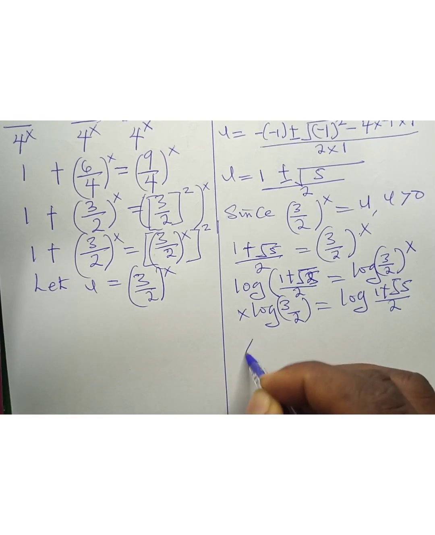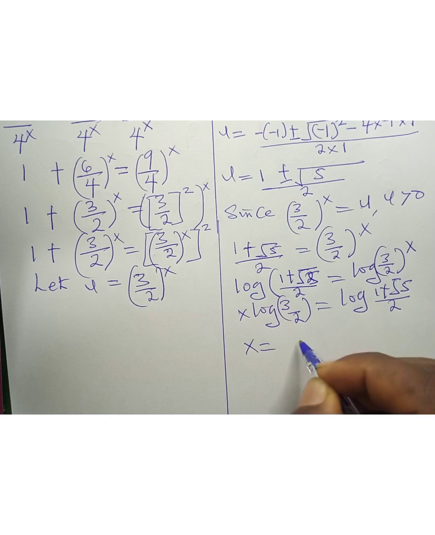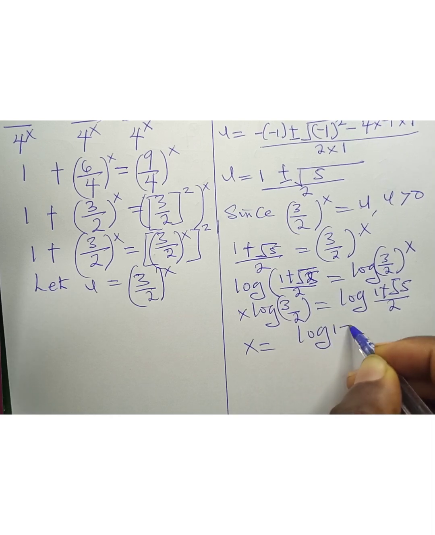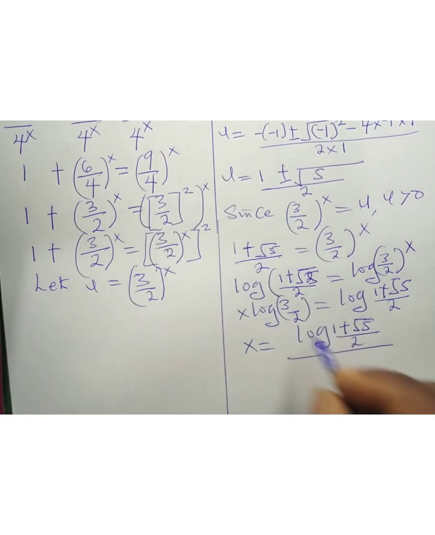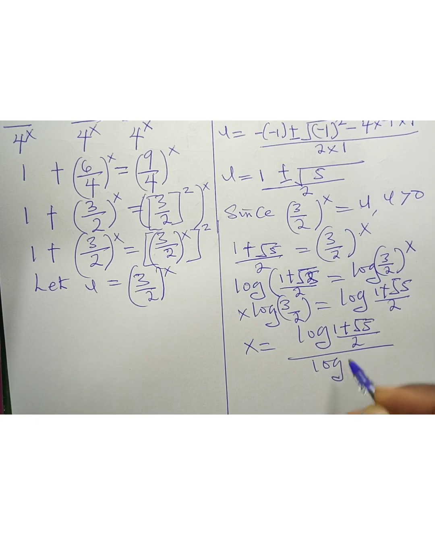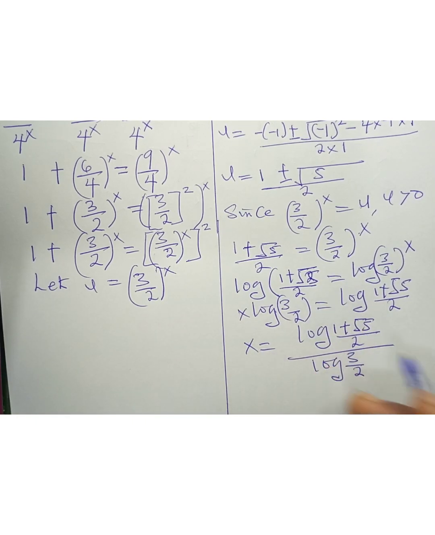X finally becomes the log of 1 plus square root of 5 divided by 2, divided by the log of 3 over 2. So that is what we have.